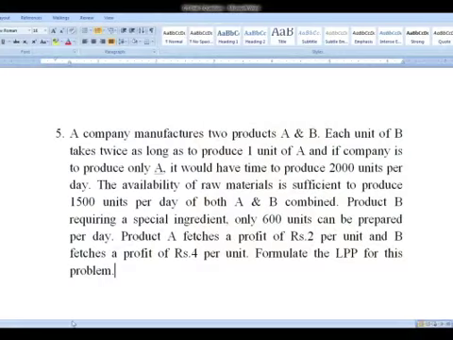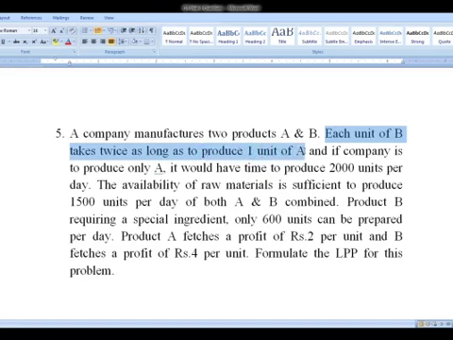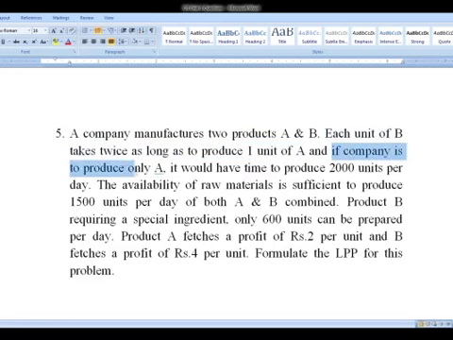A company manufactures two types of products, A and B. Each unit of B takes twice as long to produce as one unit of A. And if the company produces only A, it would have time to produce 2000 units a day. Now, this is the first constraint, guys.